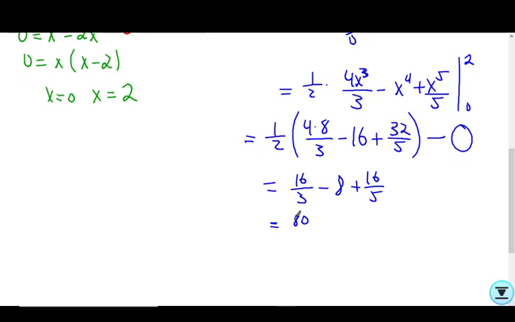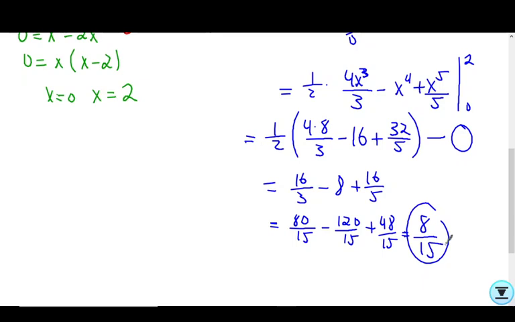So this ends up being 80 over 15 minus 120 over 15 plus 48 over 15. And 80 plus 48 is 128, minus 120 gives us 8 over 15. And that is our volume.